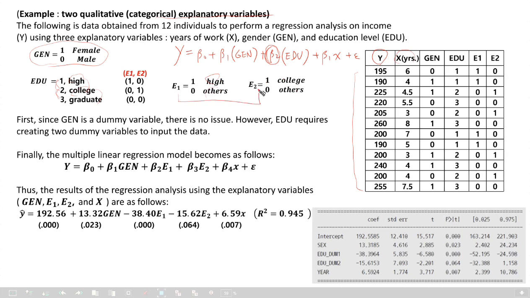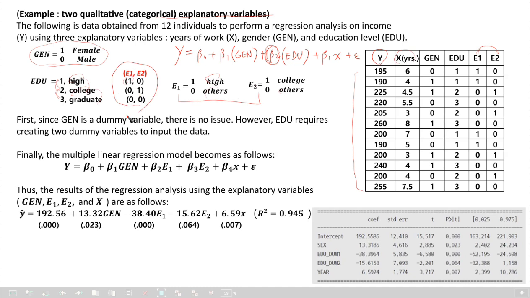Then you input these values, E1 and E2, into your computer. EDU becomes E1, E2: high school has E1 value 1, E2 value 0. College has E1 0, E2 1. Graduate has 0, 0.